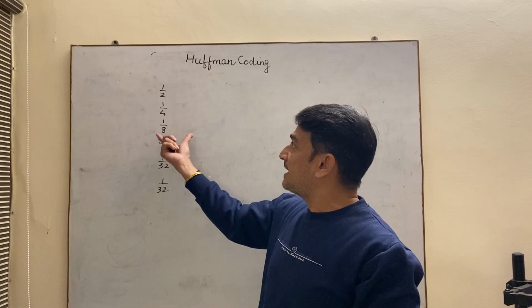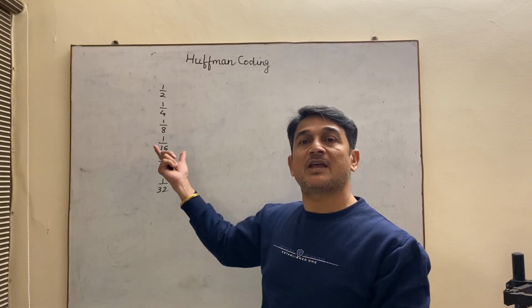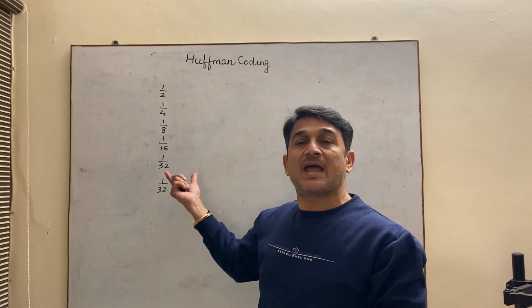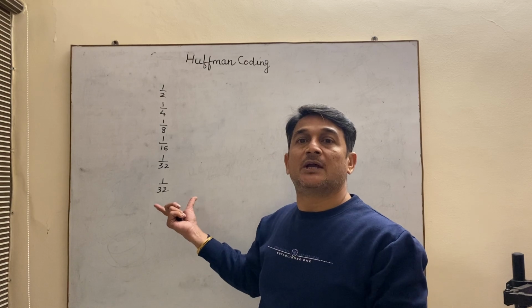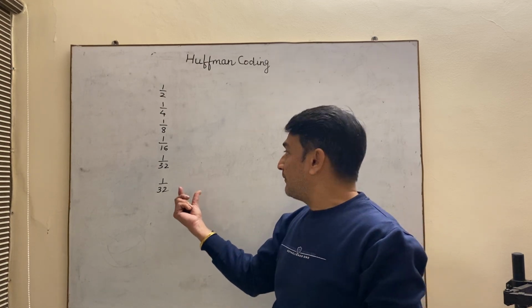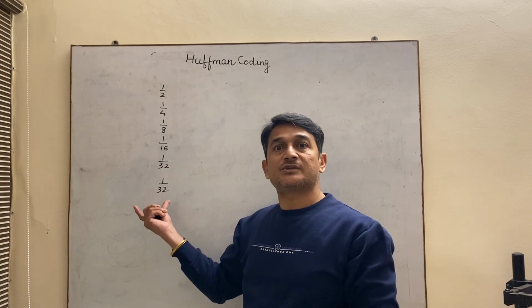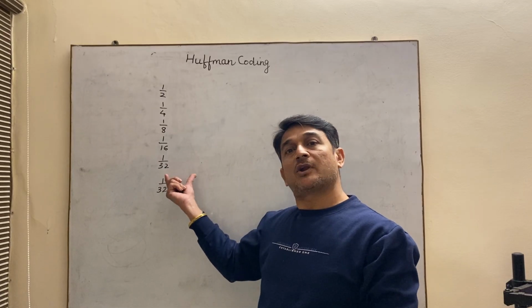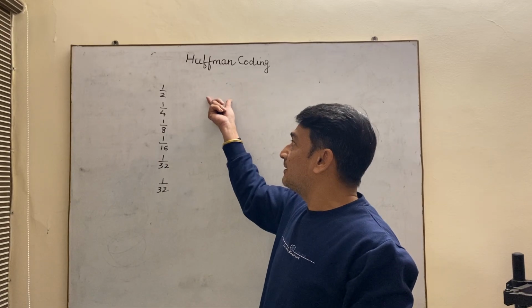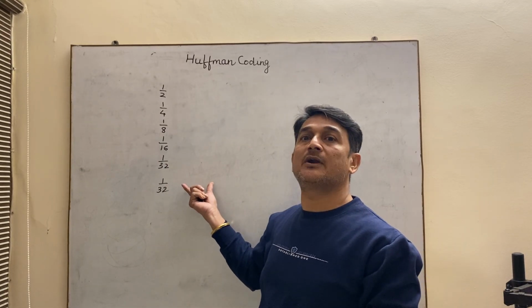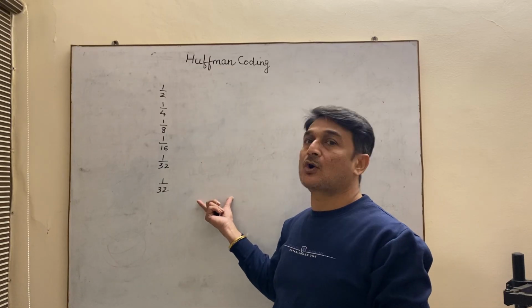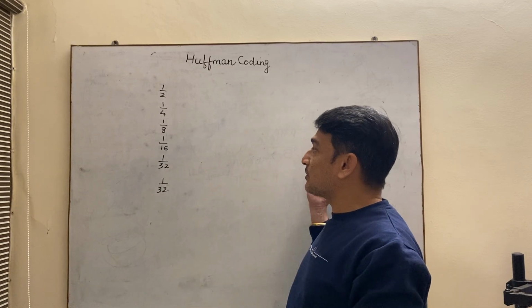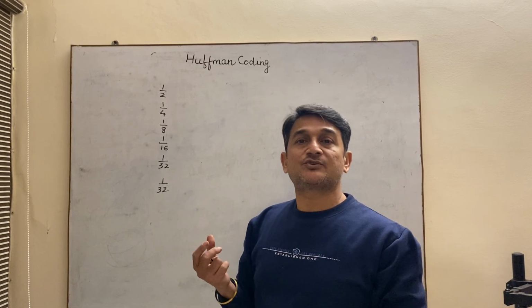Now the next step for the Huffman coding is we have to reduce the code by adding bottommost two values. Now remember one thing, when you add bottommost two values, the sum of the bottommost two values will be arranged again in the decreasing order in the next column. This way we have to process till we get last two values.